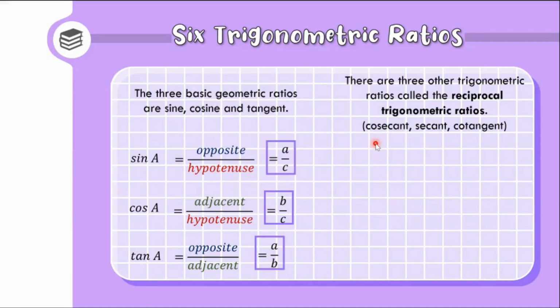Cosecant is actually the reciprocal of sine here. So if sine is equal to opposite over hypotenuse, then cosecant is equal to hypotenuse over opposite. So you see, we simply get the inverse of these two. And if we have here a over c, then cosecant A is equal to c over a.